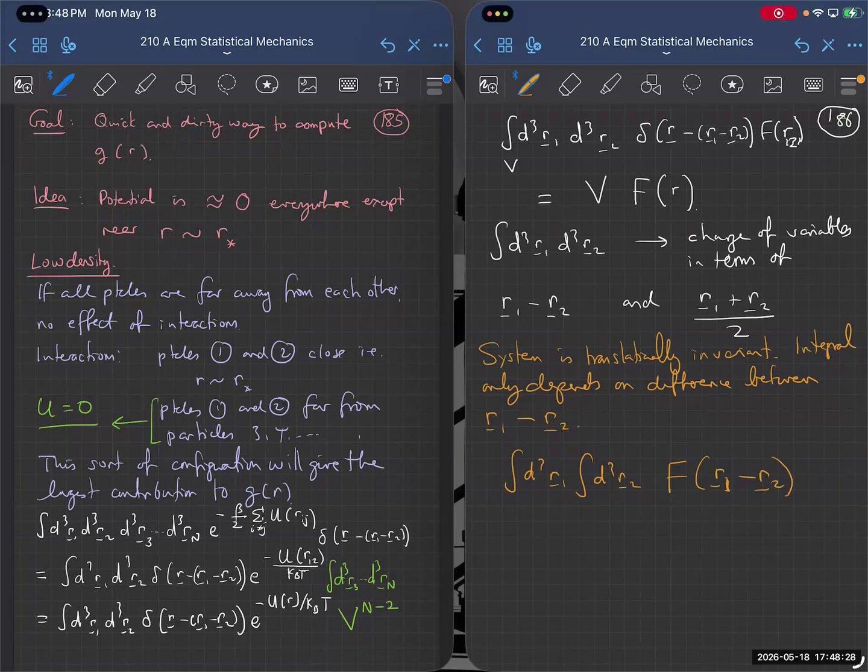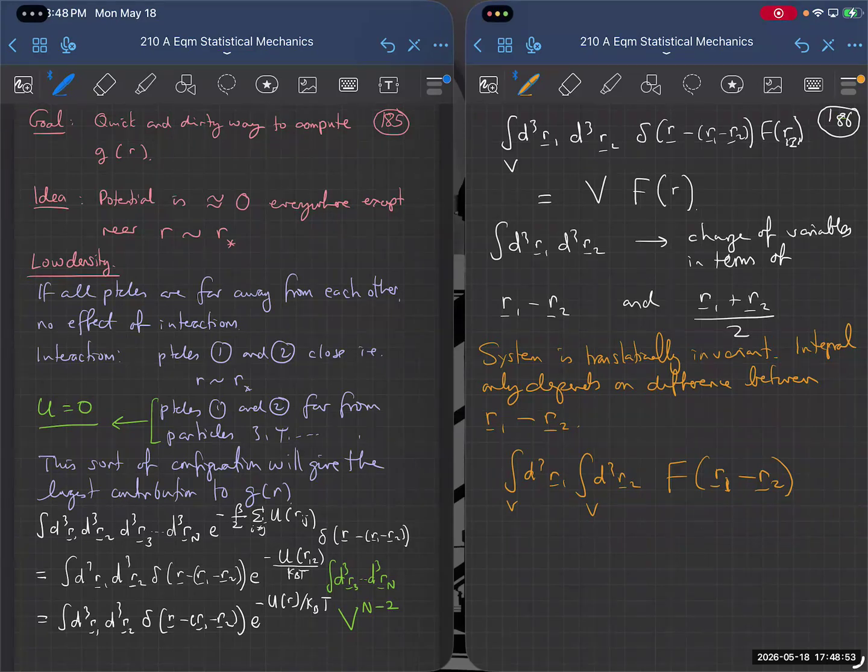So how can I do that integral? Well, just choose particle R1. Remember R1 and R2 are going over all points in the system, and the system is going to be large. So just fix particle R1, then R1 minus R2 will be every distance that's possible in the system, which is going to be infinity.